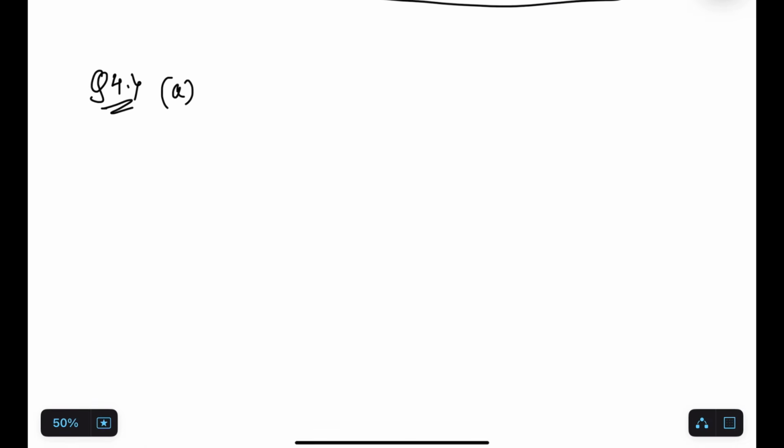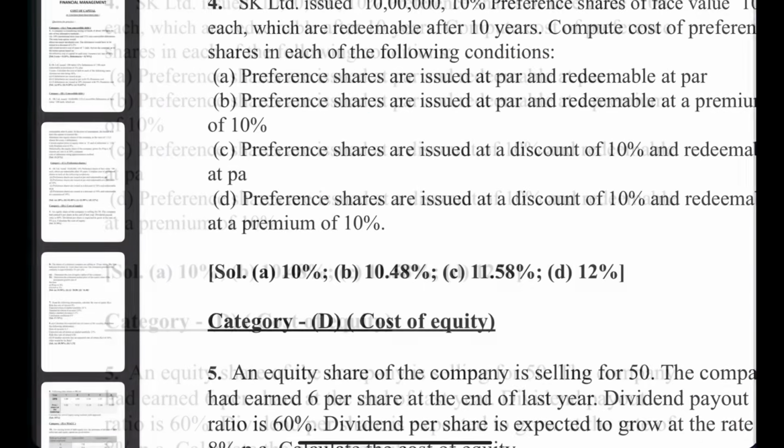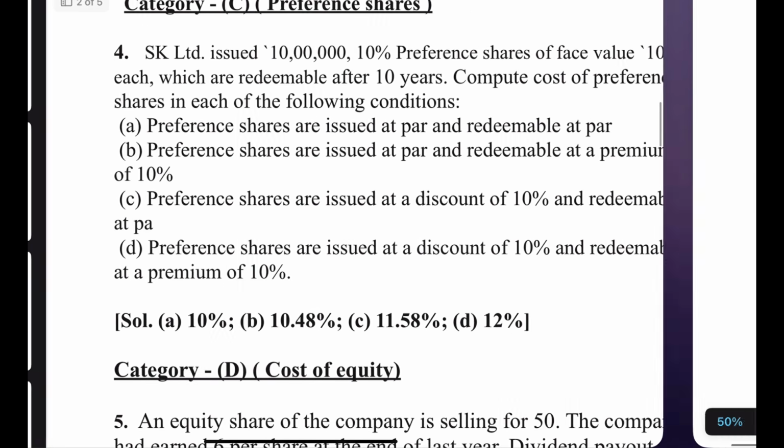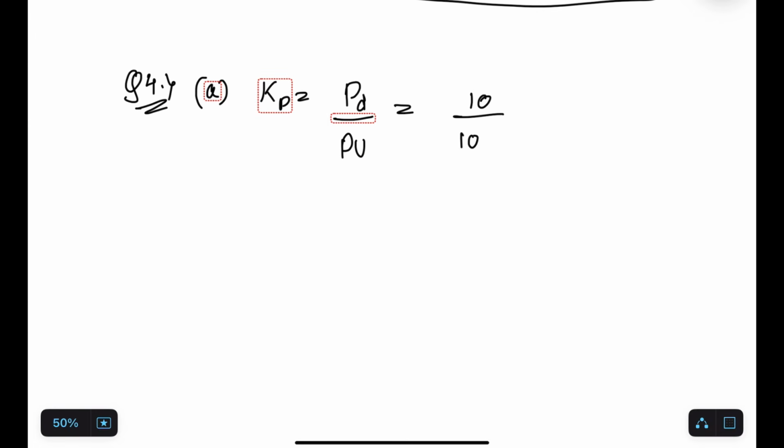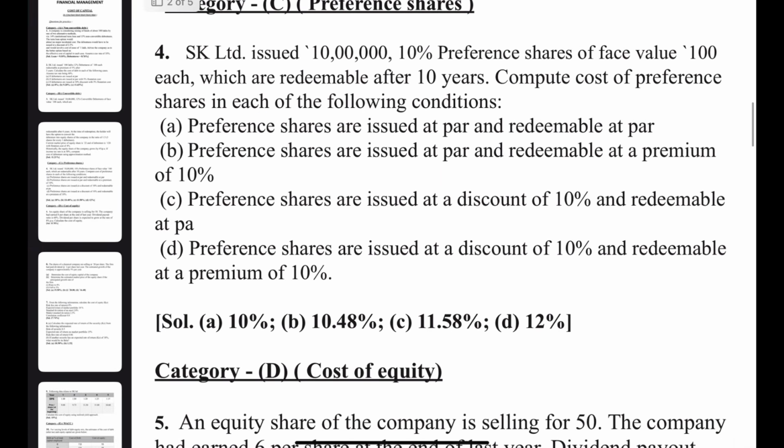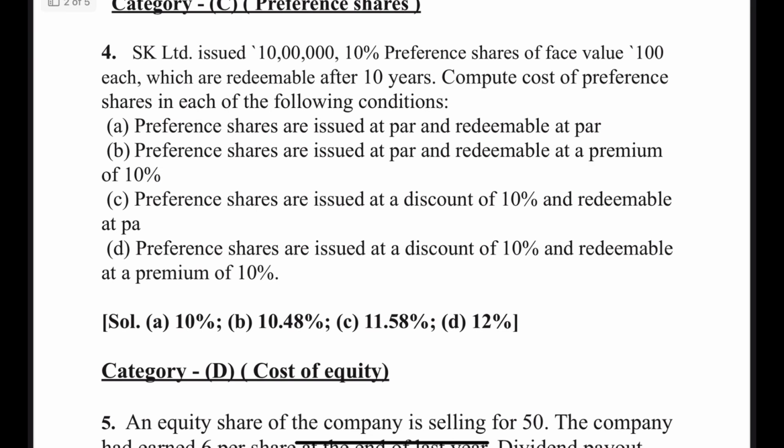So this case becomes very simple. Cost of preference share would be just preference dividend upon PV. Here the dividend is 10% and 100 rupees is PV. So this would be 10% cost of preference share. In the second case, preference shares will be issued at par but redeemable at a premium of 10%.